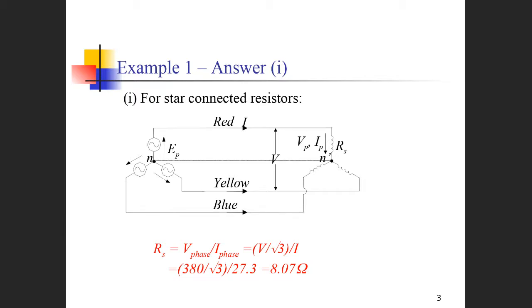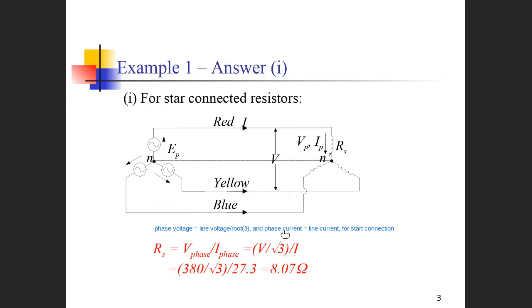Some students are always confused with these points or forget them: line voltage over root 3, and phase current equal to line current for the star connection.